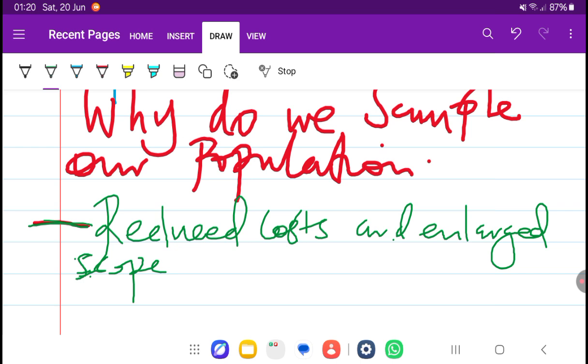But at the same time, when you talk about the enlarged scope, it means when you keep selecting these samples, you can be able to study a very large population, because you are going to have more time to interview a small portion of the population. Then you can make a generalization about the characteristics of that population by just basing on the sample that you have collected.